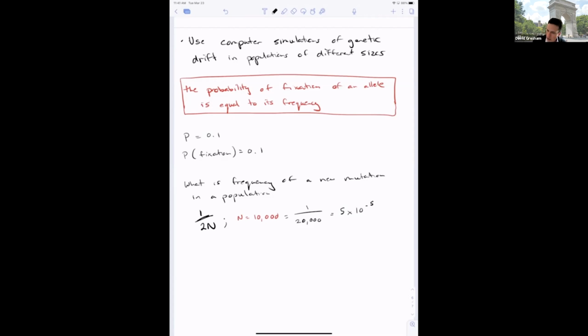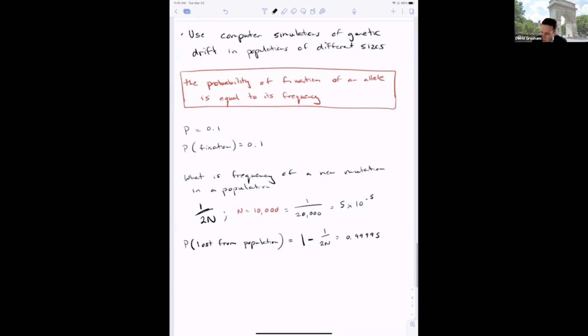And we can ask the converse: for a new allele, what's the probability that it will ultimately be lost from the population? That is going to be equal to 1 minus the probability that it will be fixed, so 1 minus 1 over 2N, which equals 0.99995. So it is highly likely that a new mutation will be lost from the population, but not guaranteed.